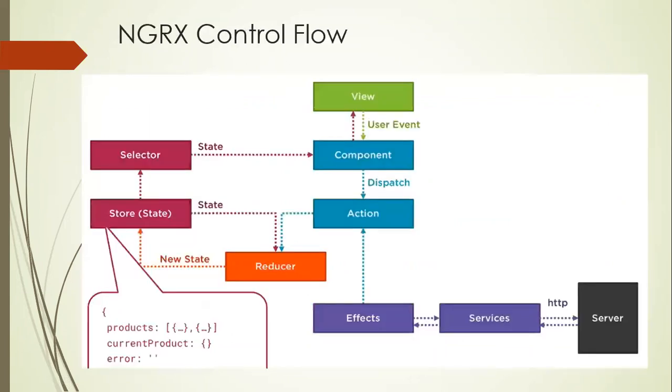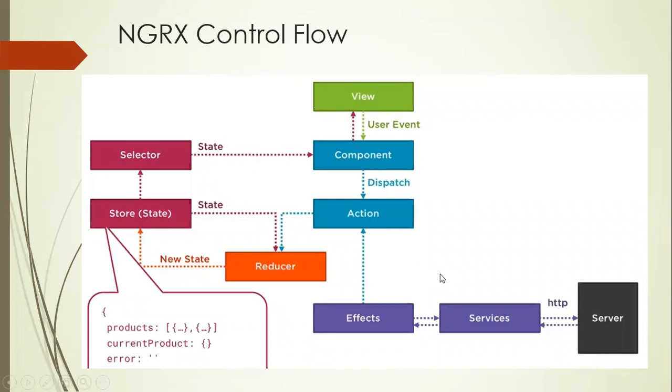I think this is the NGRX control flow, including the services, effects, and all. See, previously what we had was only view, component, services, and server. We directly inject services into the component, and use those services in the view. That is the flow, correct? But now the flow will be like this: selector, store, action, reducer, effects with the services. This is the real world scenario.